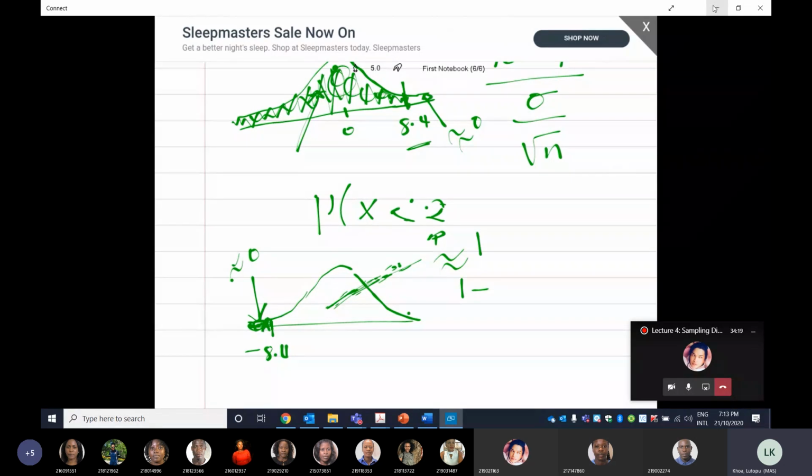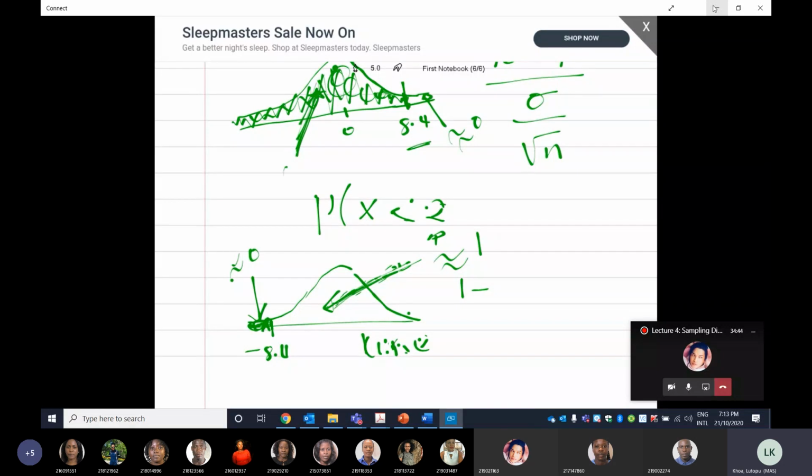Okay, and this over here is what I have on my curve from the table that I am given. That is approximately 1, and because of the symmetry, it is equal to this one over here.